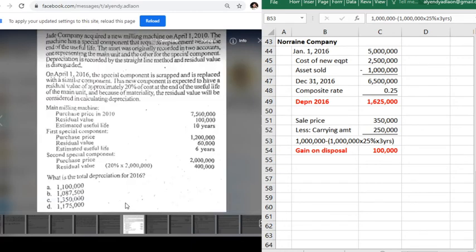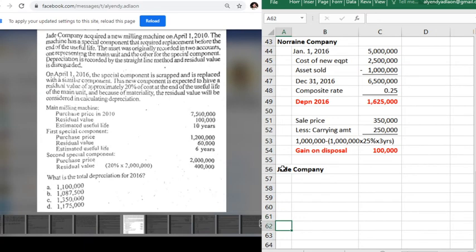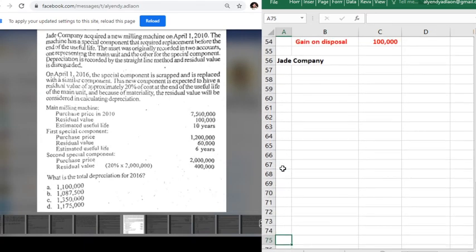Okay, next we have Jade Company. Question. What is the total depreciation for 2016? Jade Company acquired a new milling machine on April 1, 2010. The machine has a special component that required replacement before the end of the useful life. The asset was originally recorded in two accounts, one representing the main unit and the other for the special component.